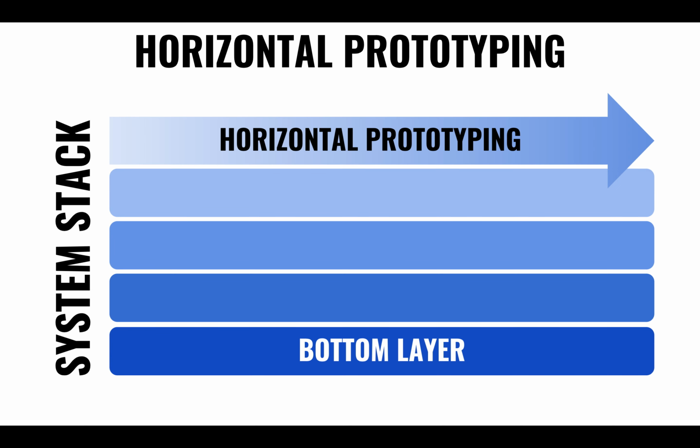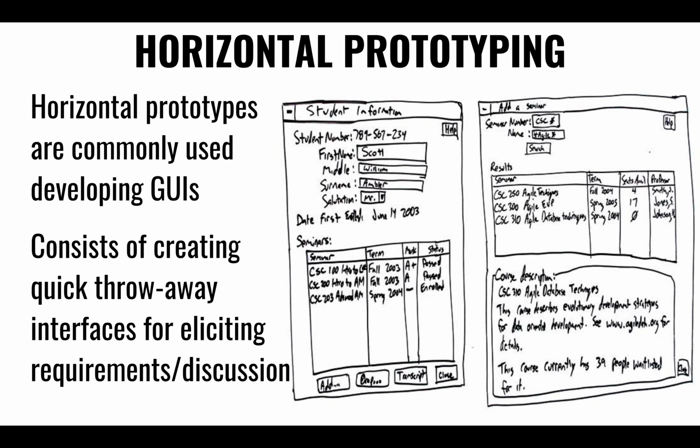So for instance, at the top layer, horizontal prototyping works really well, where you might create, just on the board or in Photoshop or maybe on PowerPoint slides, a very cheap version of a user interface that you can quickly put in front of the client. They can click away and see and give you feedback on whether they like it or not, right?